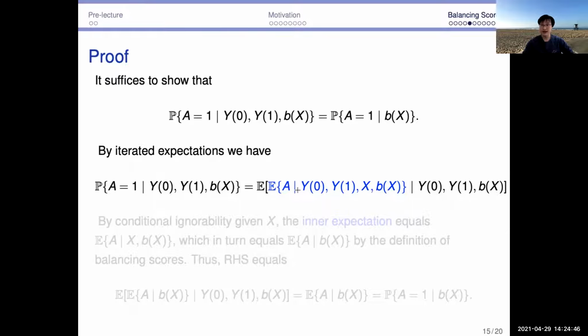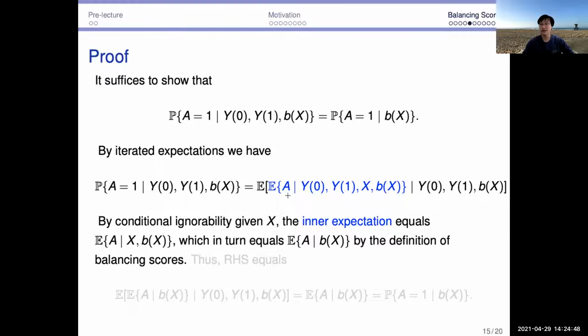Now, because we have conditional ignorability given X, which is our presumption, we know that A is independent of the potential outcomes given X and B of X, since B of X is a function of X, so it doesn't matter. Therefore, the inner expectation equals this.